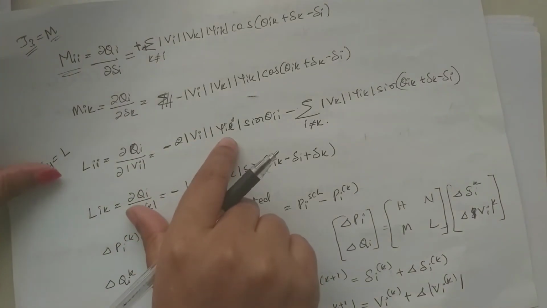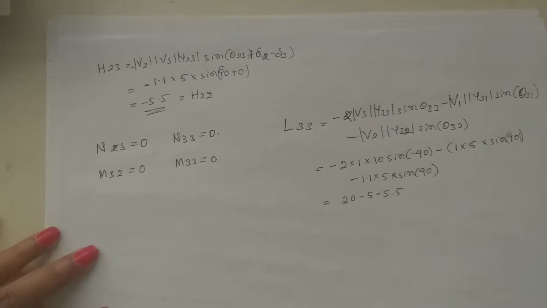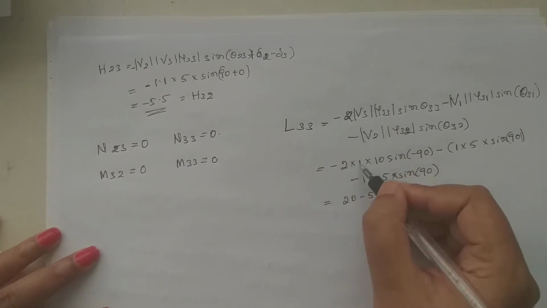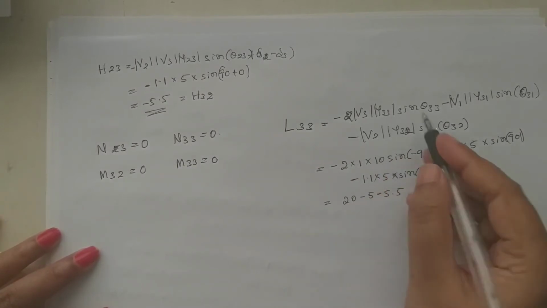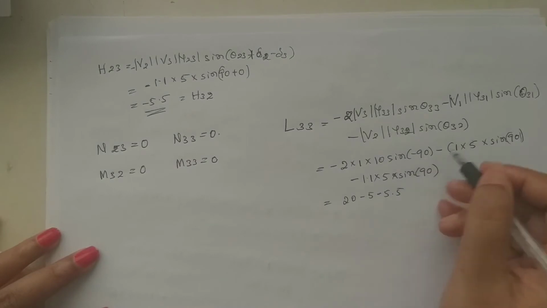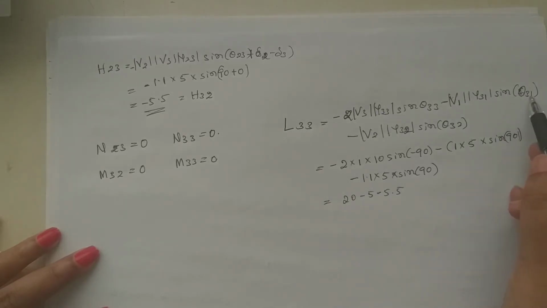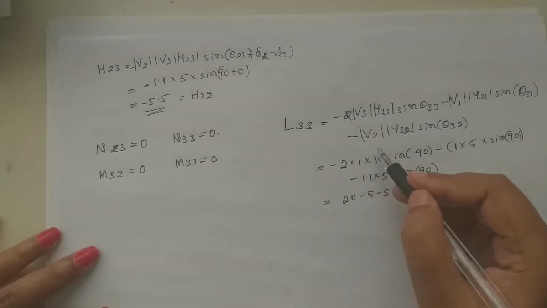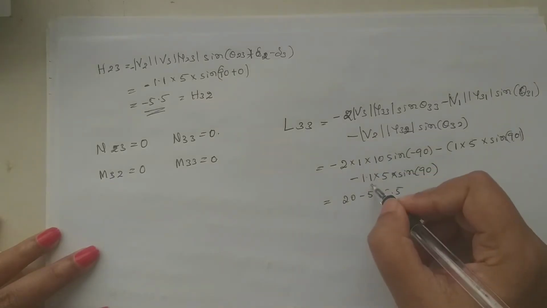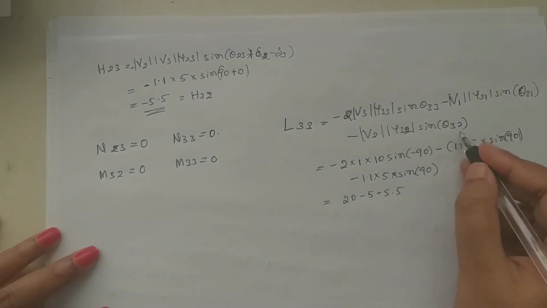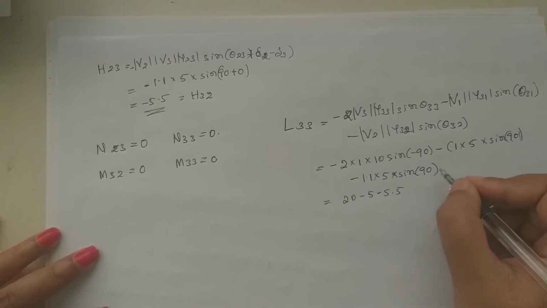Using this formula we get 2 V3, where V3 is 1 and Y33 is 10, sin(θ33 − 90), minus V1 which is 1 into 5 into sin(θ31), sin 90 plus delta, which is 0, minus V2, 1.1, Y32 5, sin 90 plus δ2 minus δ3.